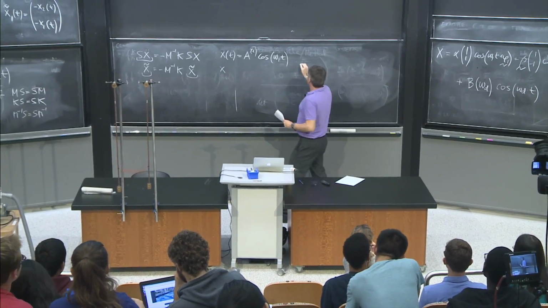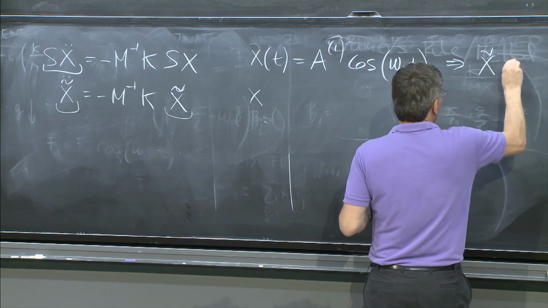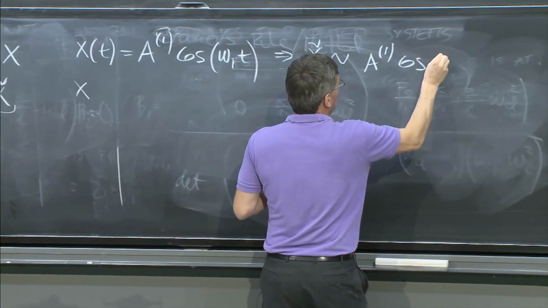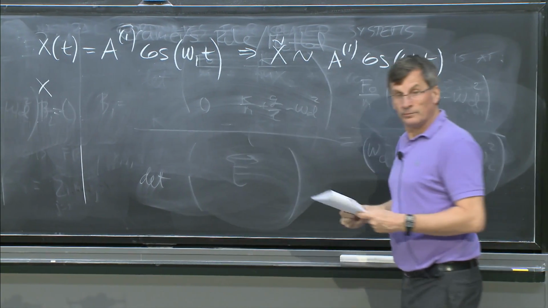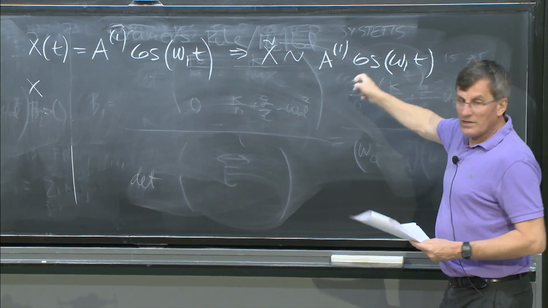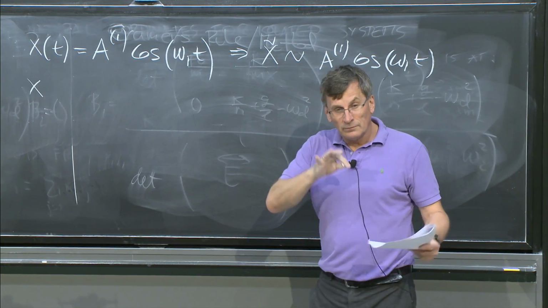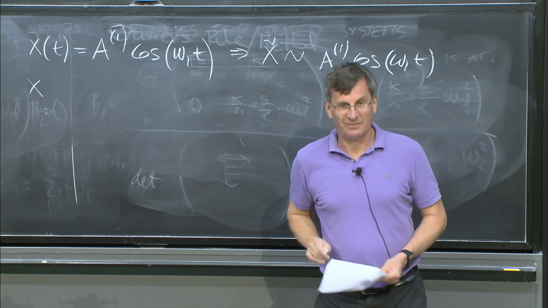So if this is the solution, it means automatically that X tilde is proportional to A1 cosine omega 1t. And the same is true for omega 2. Since cosine is the same in both cases, matrix S applied to a normal solution gives me a normal solution with some sign.